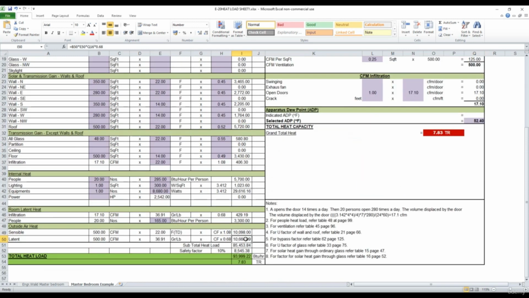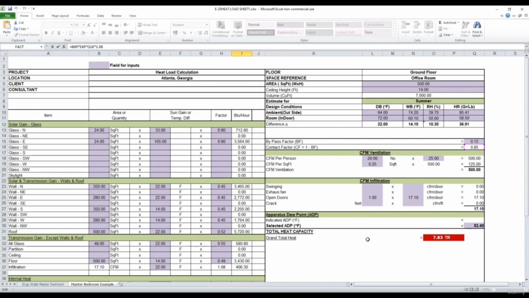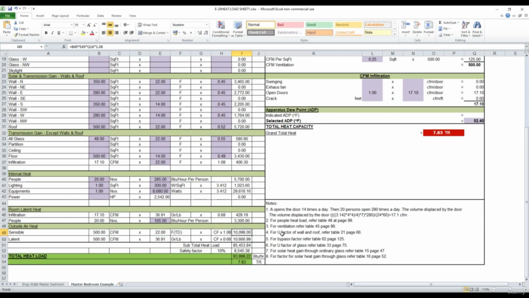Once we find out the contact factor here, the sensible heat is the ventilation airflow multiplied by the temperature difference between the outside air and the inside air, multiplied by the contact factor, multiplied by a factor 1.08. Hence, we find out the value of heat gain due to air ventilation inside the room.